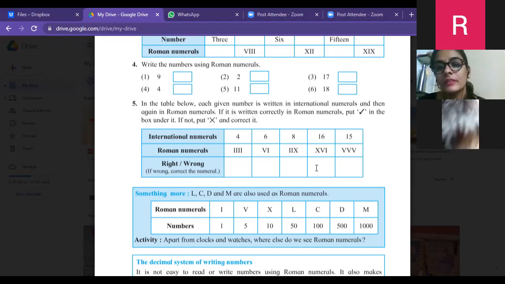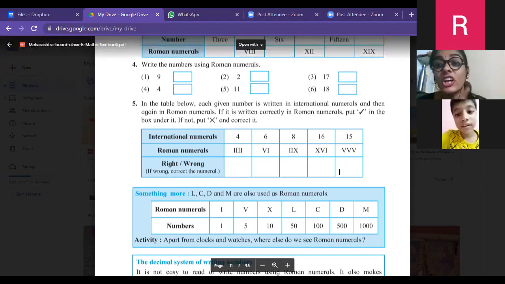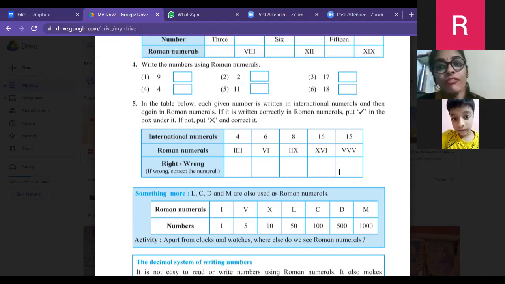The correct है. Okay. And then the next, 15. The wrong. Because we cannot repeat V, right? V only one time. So it is wrong. How will we write 15? X and V, right? Because V cannot be repeated many times. Only a single time can we write V.